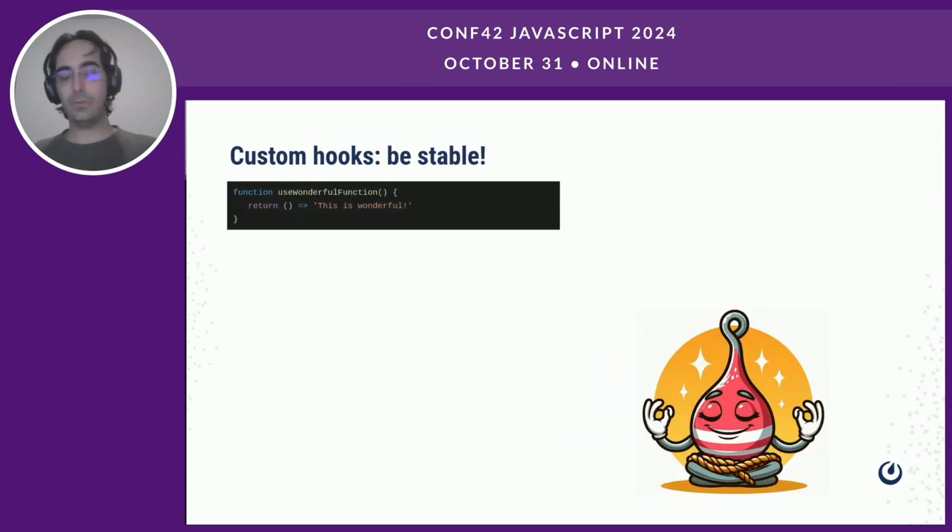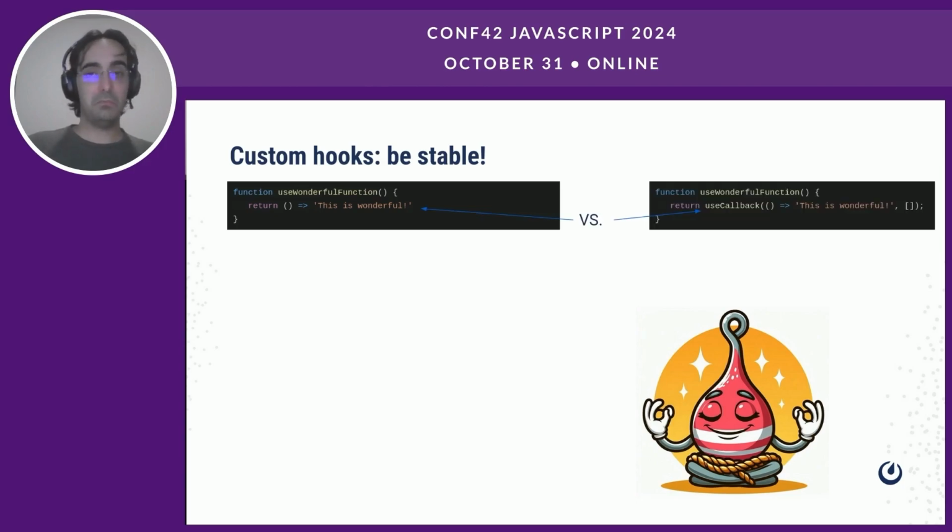But with custom hooks, we have to be careful. We have to make sure that they are stable. For example, in this hook over here, we are returning a function, but it's a different function on every execution. So that may create problems for the caller. So what can we do? Just add a useCallback. Why do we want to do that?